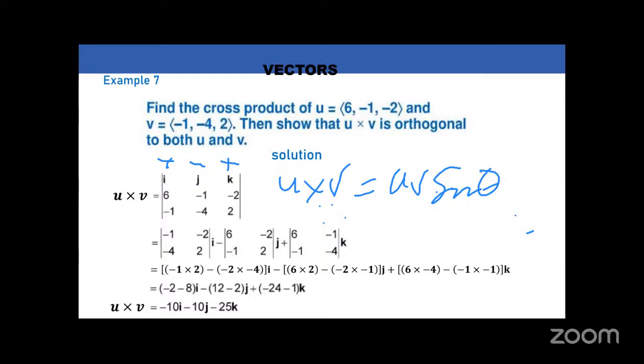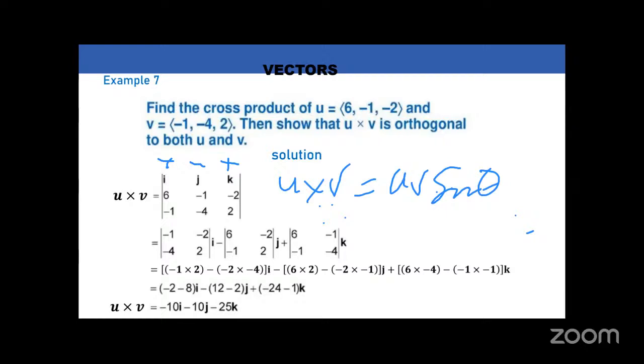If I multiply i and i, the angle between them is zero, because i is a horizontal vector and another i is a horizontal vector. They are moving in the same direction, so the angle between them will be zero. Sine zero is always zero.